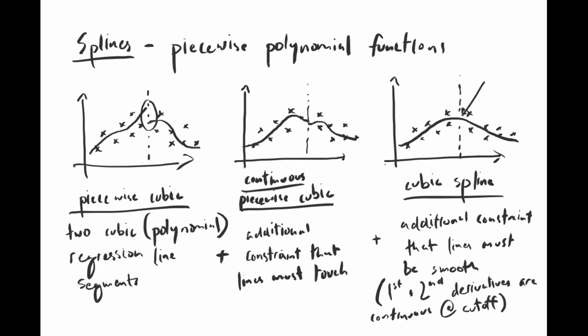And when you have a condition like that, that is known formally as a knot. And so at the knot, if you have the first and second derivatives being continuous, that's the additional constraint that gets enforced to be able to run this.